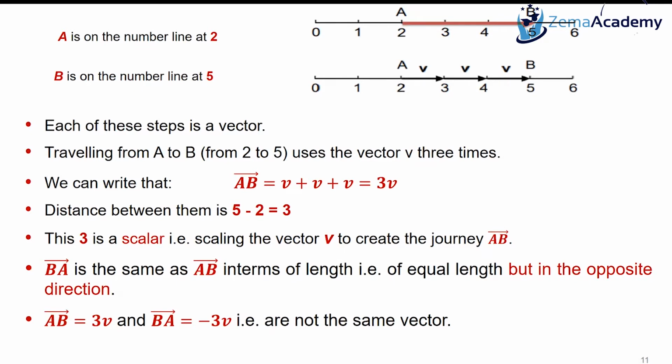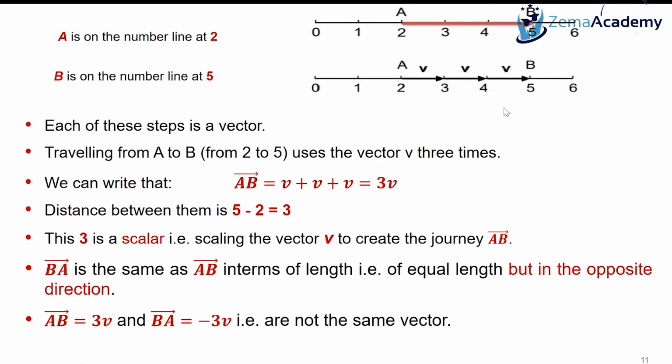We can add these vectors up to give us the total length, and that is going to define vector AB. Hence, in this case, if each of these steps represents v, it can be said that the distance from A to B is 3v. Or simply put, 5 minus 2 is 3. This is scaling the vector v to create the journey AB. This is what I have done.